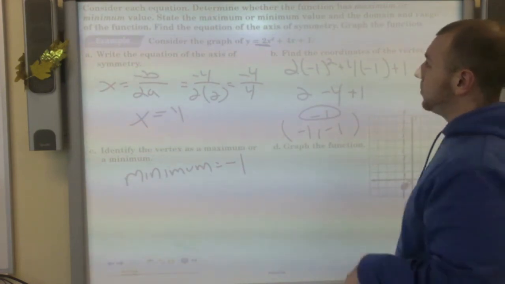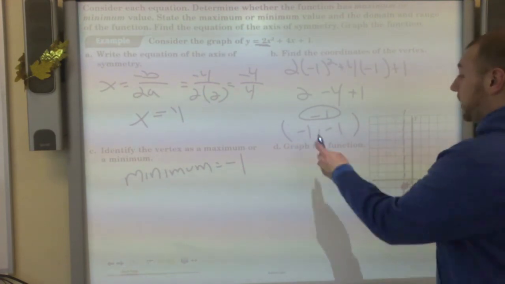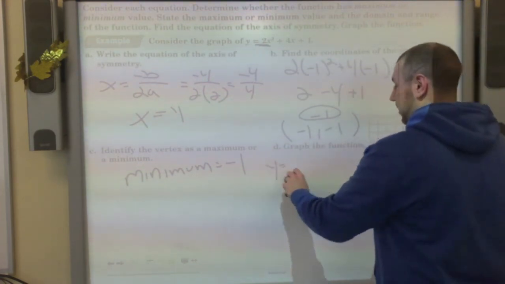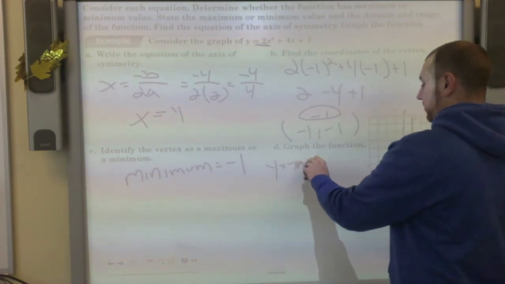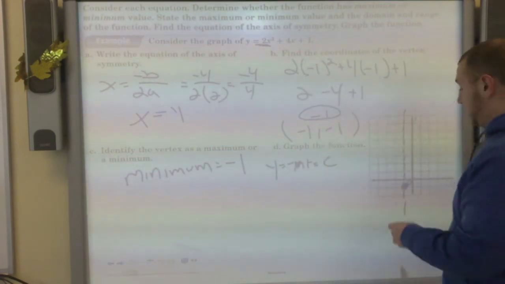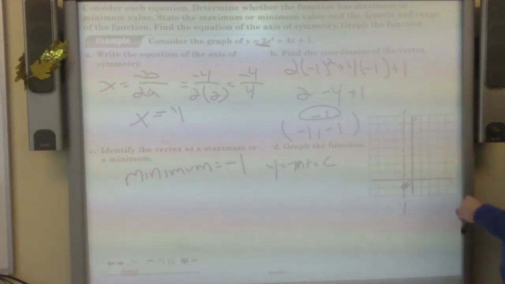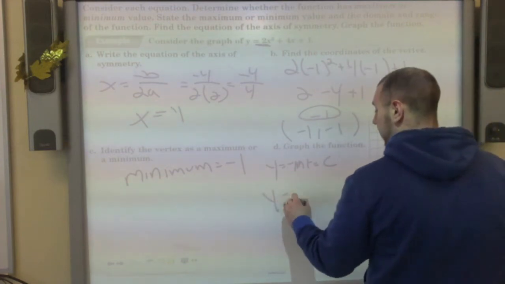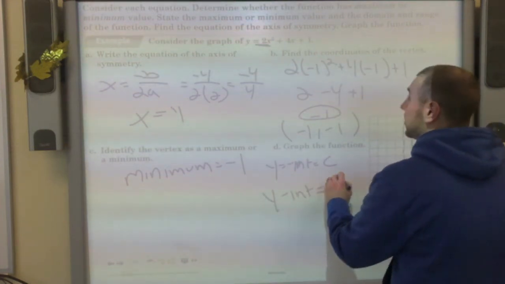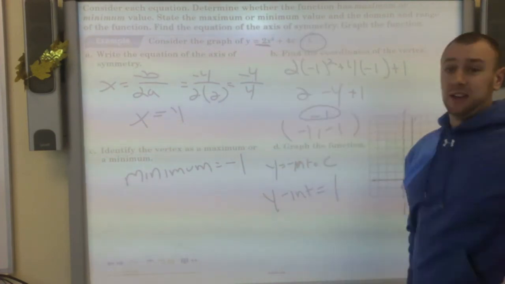But if you remember, I can find the y-intercept very quickly. My y-intercept is that c value, because it's always on the y-axis. So x equals 0. If I plug in 0 for x, I get my y-intercept is equal to 1, because both of these drop out, and that's my c value.